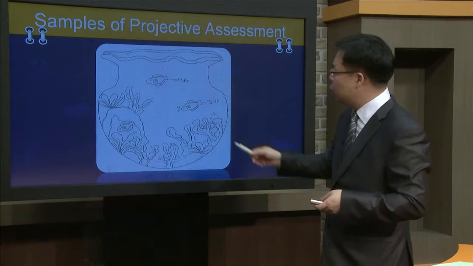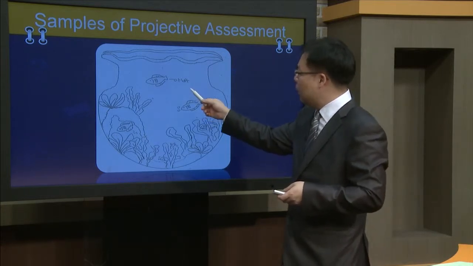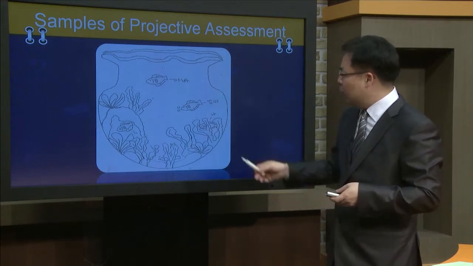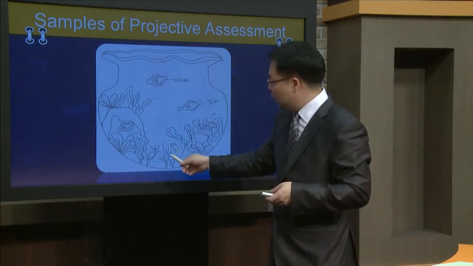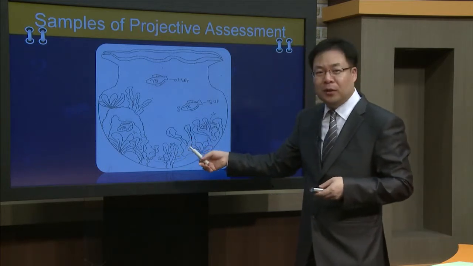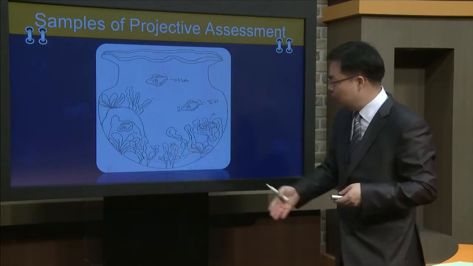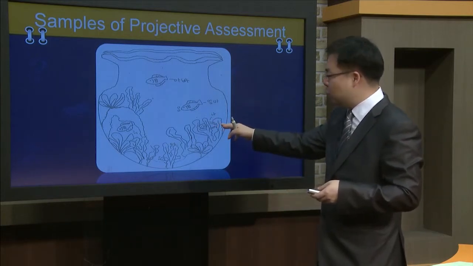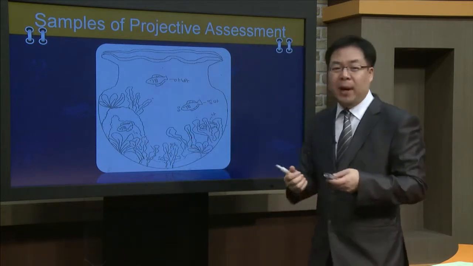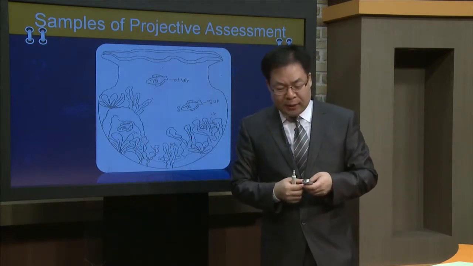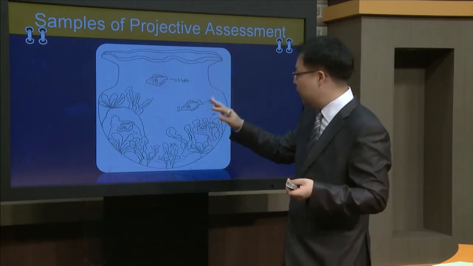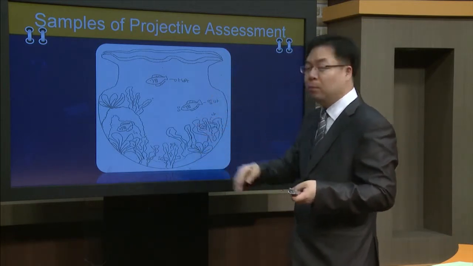It shows the dad and mommy, and also a younger brother. Do you see that? It's hard to see because the younger brother is hidden by some of the weeds. This is the client, and also a pet. So the student identified five members: mommy, daddy, younger brother, me, and a pet.